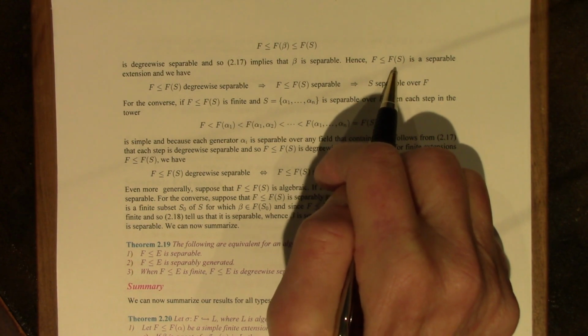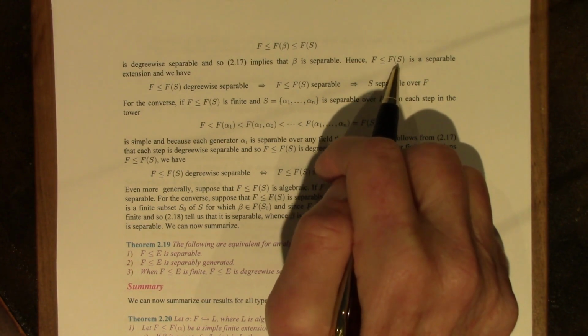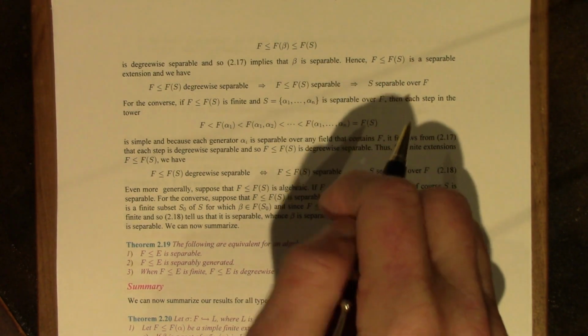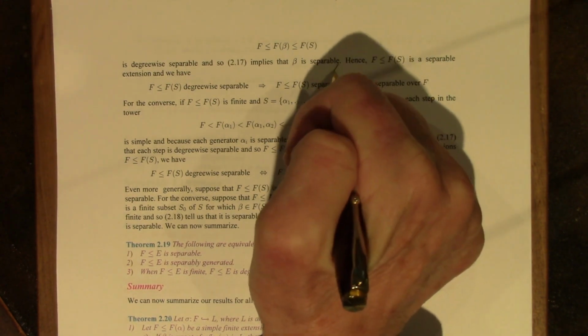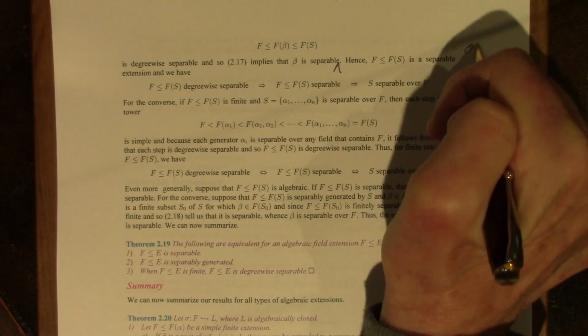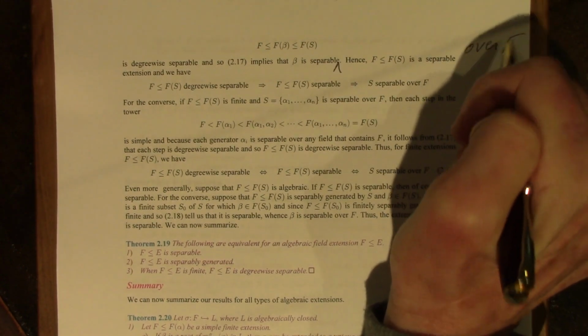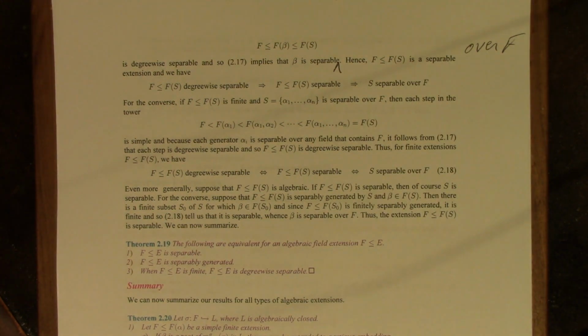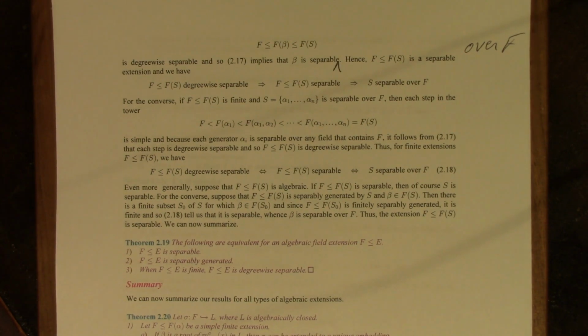What that means is that every element in here is separable over F. Okay. I should always add, I was a little sloppy here, I should say over F. I think I've said this before, but all these little peccadillos you see will be corrected before I post the book on my website.